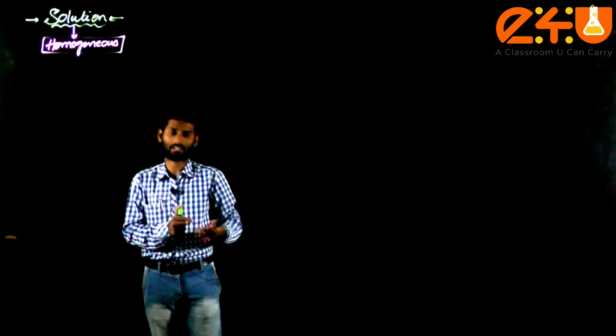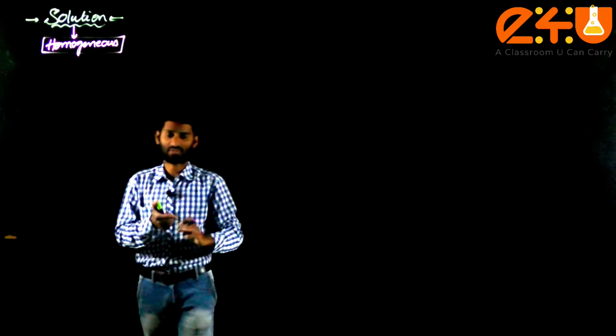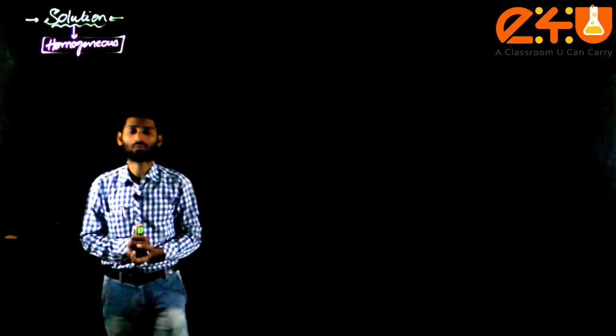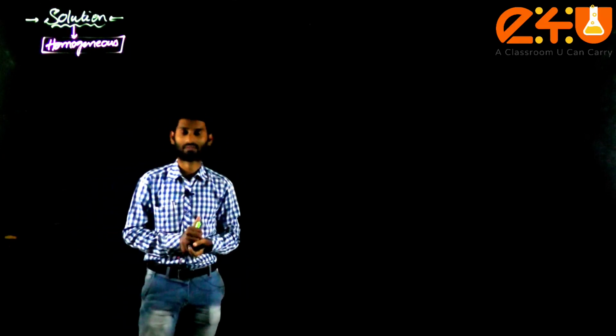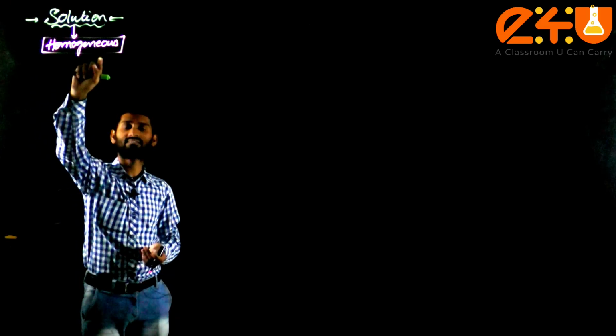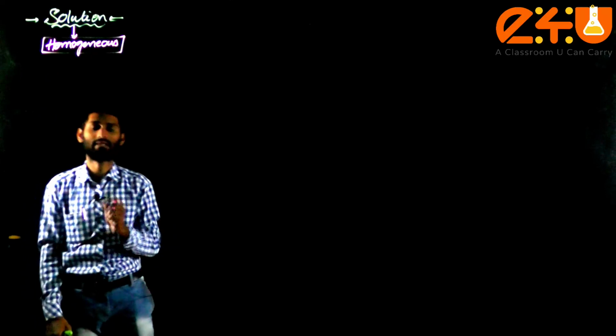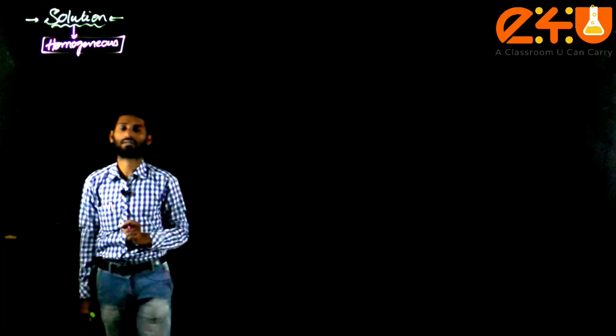That means if you raise the temperature, the properties of the mixture will change. If you raise the temperature or pressure, that's why we call it a homogeneous mixture. One more time: a homogeneous mixture of two or more components whose composition may be varied within certain limits is known as a solution.